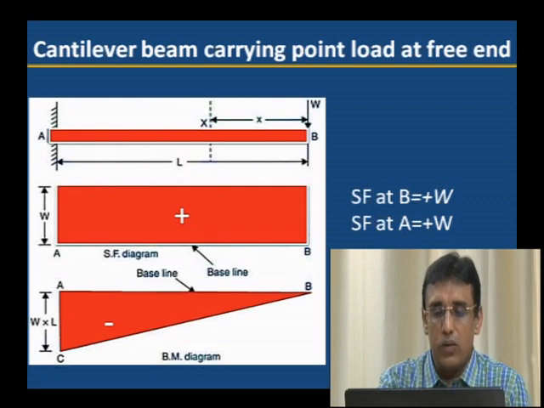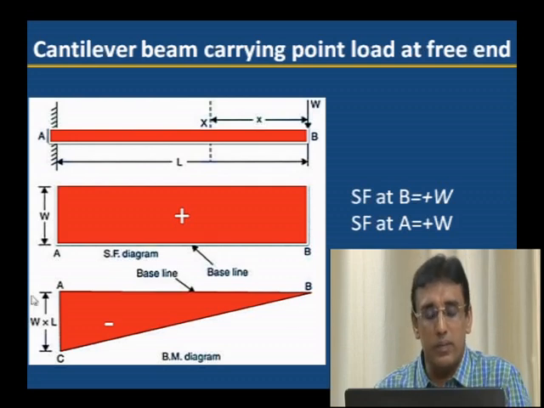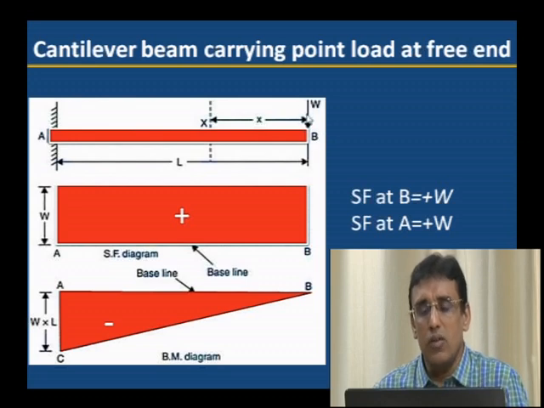Then to draw the bending moment diagram, bending moment means force into distance. For point B, the force acts exactly at point B, so the distance is 0, and W into 0 gives a bending moment at B equal to 0.